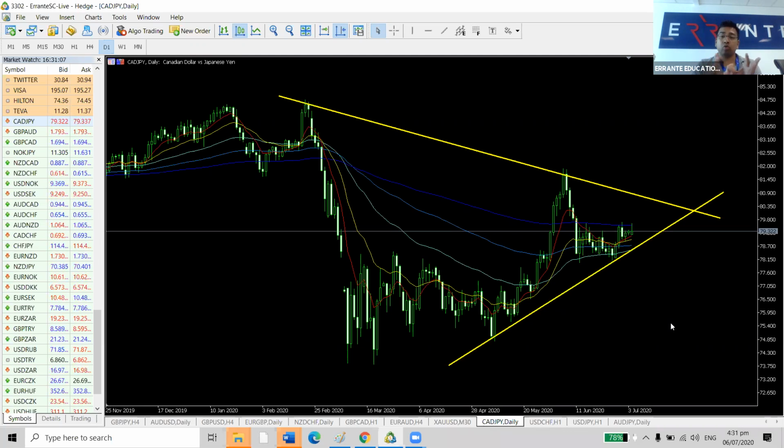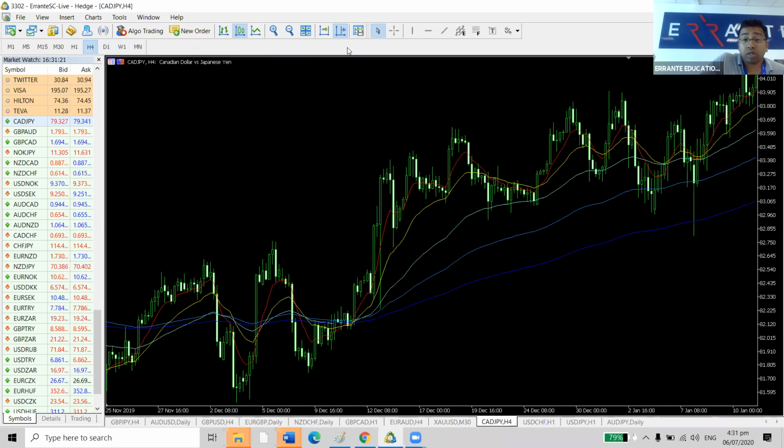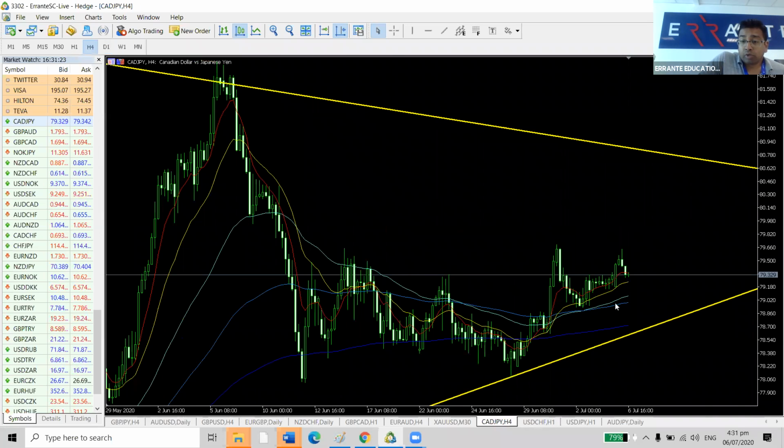Now what we can do is, we've already got a bias to the upside. You need to break out from all the three lines, the exponential moving average lines, and we need to now bring it to the 4-hour, 1-hour, and see what we get. So here, it's very unlikely to look at prices going straight all the way down or all the way up, which is quite risky for CAD JPY at this moment of time.